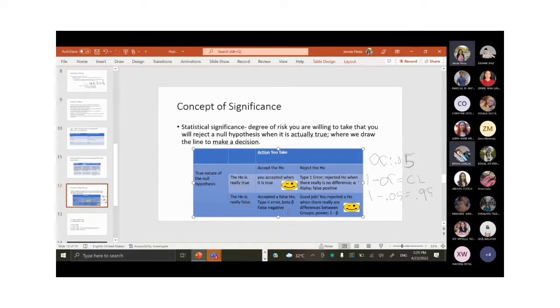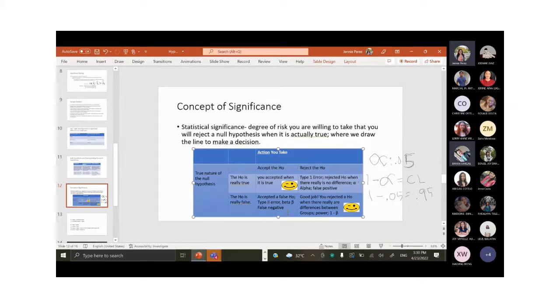And in order to avoid that, we have to increase our power. Ano yon? You go back to the G power, di ba? In your research, in order to increase the power of your research, you have to increase yung sample size mo. Nandun yun sa G power, di ba? Pag nagko-compute sa G power.